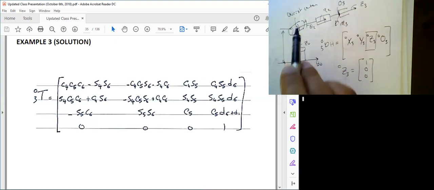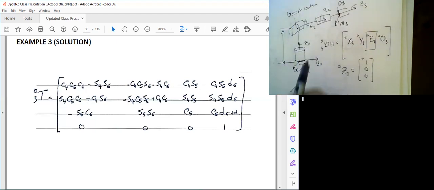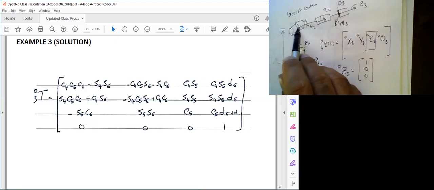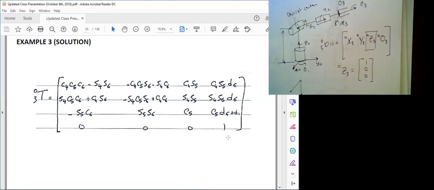When you have a robotic wrist, it means that Z0, Z1, and Z2 cross at the same point, the wrist center. And when you have a wrist configuration that exactly looks like this, your homogeneous transformation will look like this. You will be able to use this to directly solve for cosine theta 5.